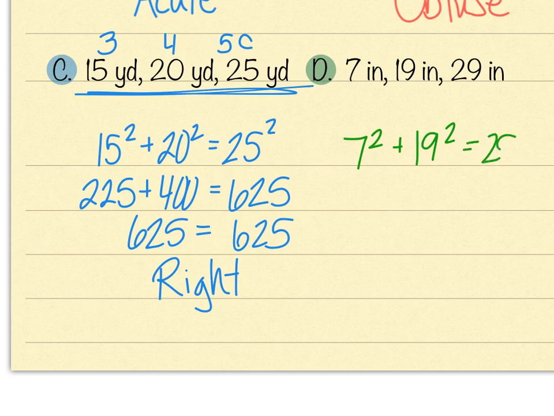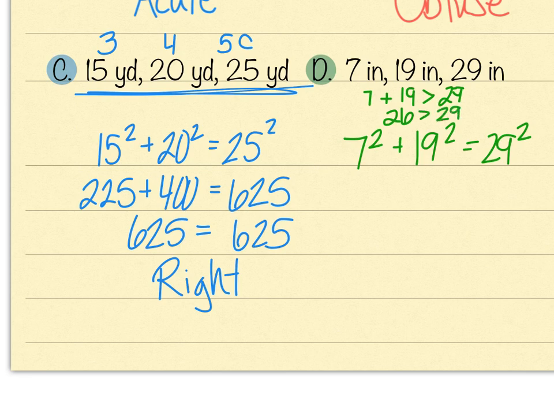And then for example D, before you go and rush to judgment and just start writing this down like I'm doing right now, look at the side lengths. 7 plus 19, the two shorter sides, has to be greater than 29 in order for it to be a triangle. Well, 7 plus 19 is 26, which is not greater than 29.